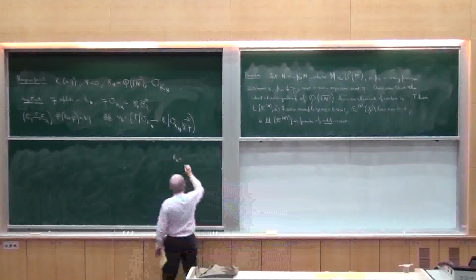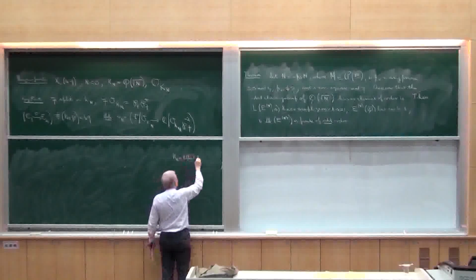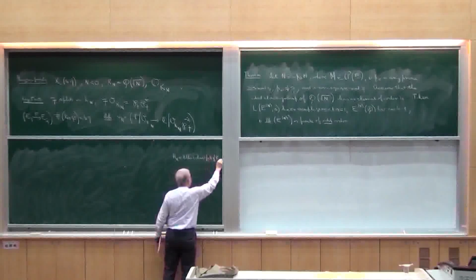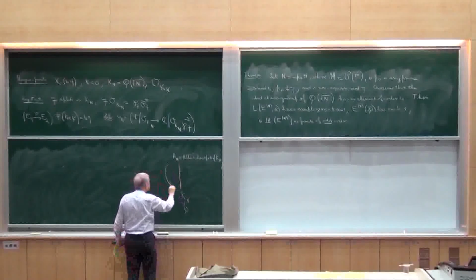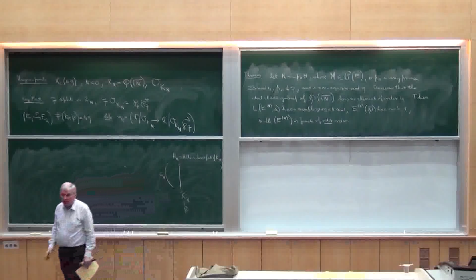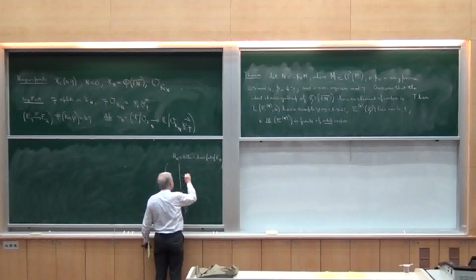It's the Hilbert class field of K_n. And so this Galois group here, which I'll write as G_n, we actually know by class field theory is isomorphic to C.